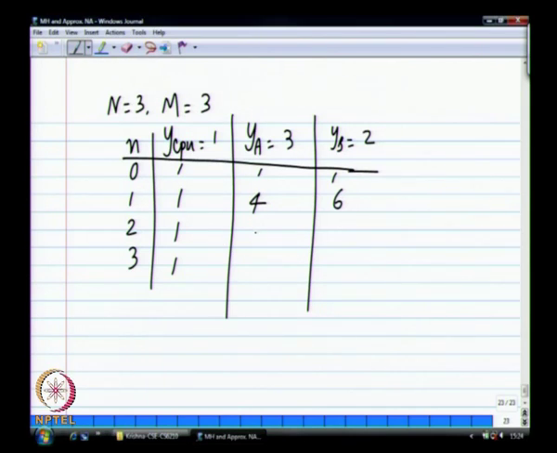So 1 plus 4 into 3 is 13, 13 plus 6 into 2 is 25, then 1 plus 39 is 40, 40 plus 50 is 90. So in the process we also computed what happens if 2 jobs are placed in 3 queues: G of 2 is basically 25. And 1 job placed in 3 queues is simply 6 different ways of doing that, so G of 1 is basically 6. Okay.